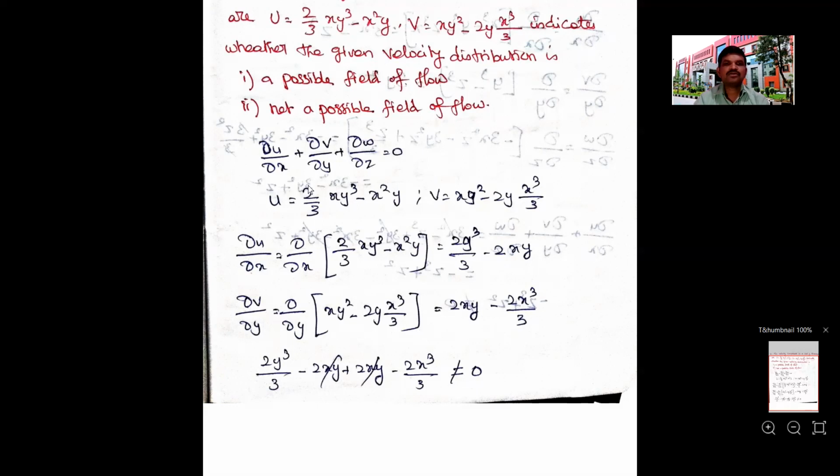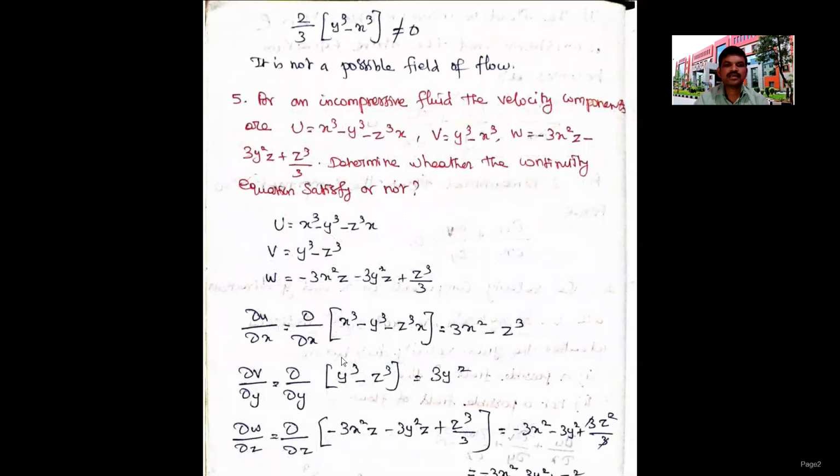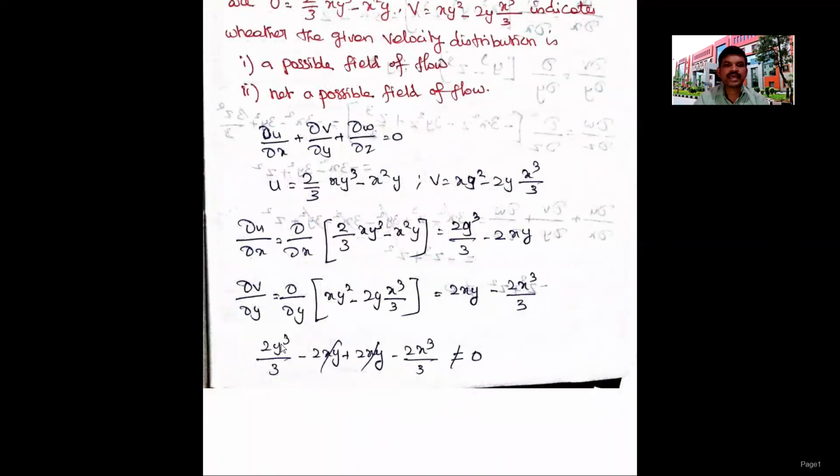Now the summation of ∂u/∂x plus ∂v/∂y. Summing these two values, here I have written 2y cube divided by 3 minus 2xy plus 2xy minus 2x cube divided by 3.